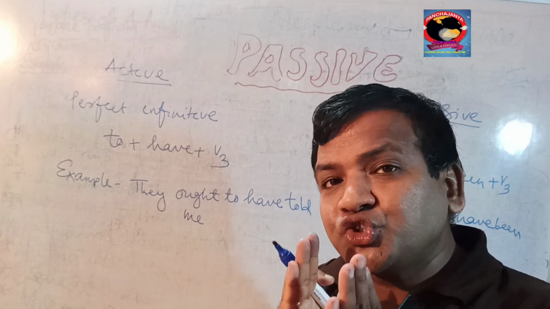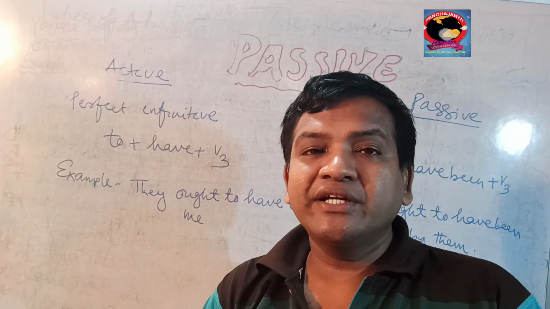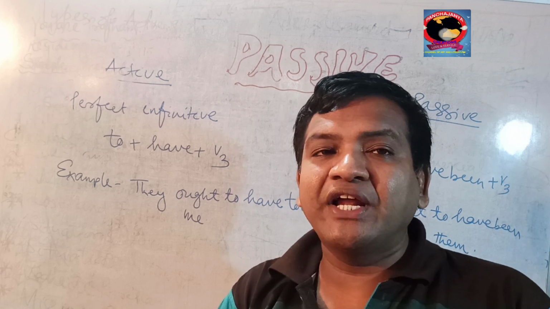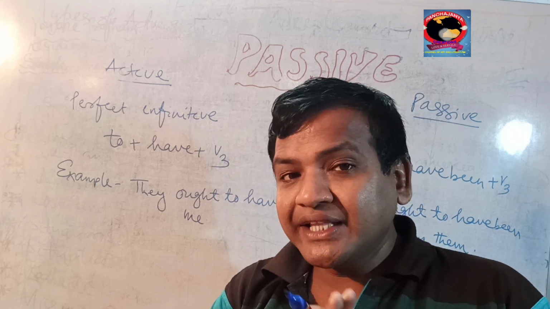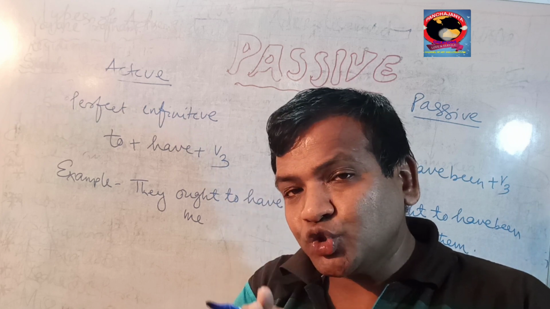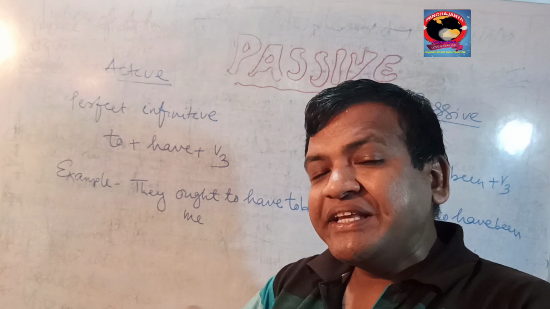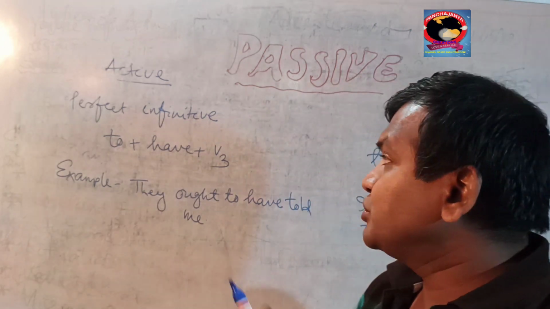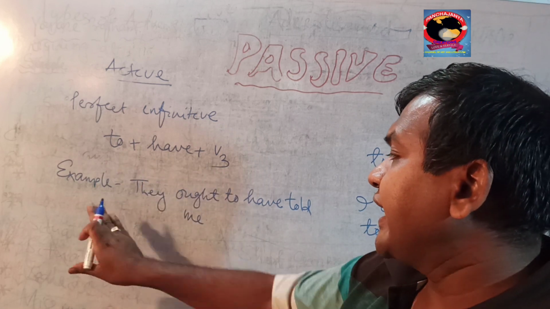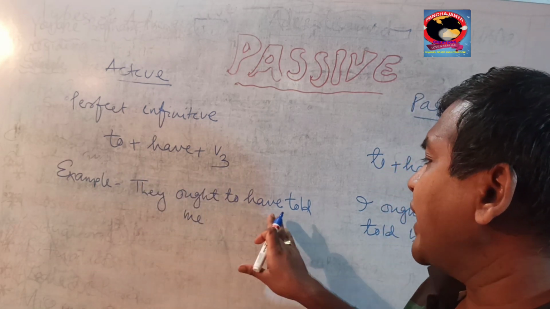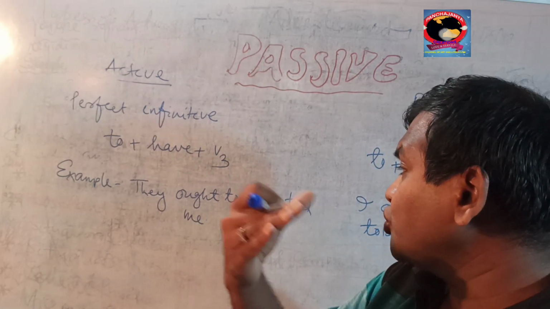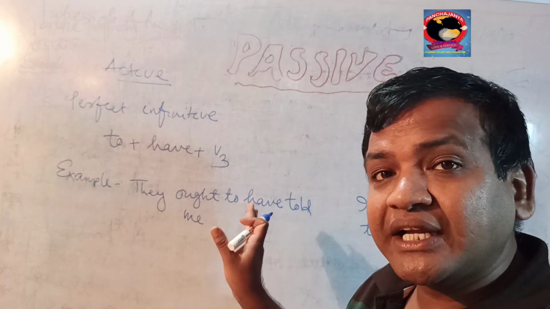Keep those things in mind so that you will not forget the formula at the time of doing the exercises. You remember the tense rules, and within those rules how they are changed. Example: they ought to have told me. They ought to have, they should have, ought to is that modal.